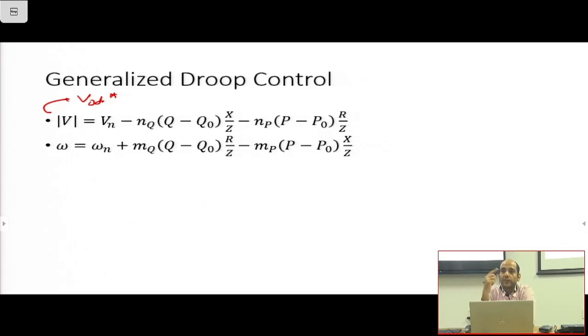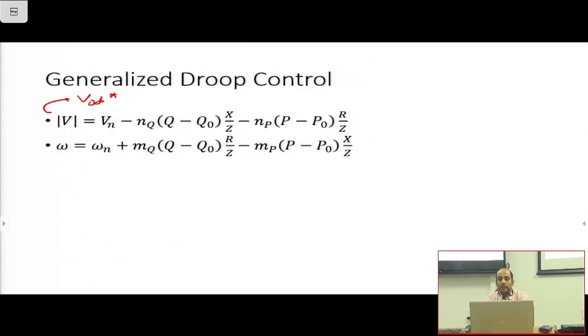So this voltage magnitude we give as the reference to the controller. This is basically V nominal minus n_Q (Q minus Q naught), because both active and reactive power are affecting both voltage and frequency. So we'll have terms of both. Okay. So here you have this term n_Q (Q minus Q naught) in the voltage, and there is n_P (P minus P naught) in the voltage. Likewise here m_P (P minus P naught) in the frequency and Q minus Q naught in the frequency.